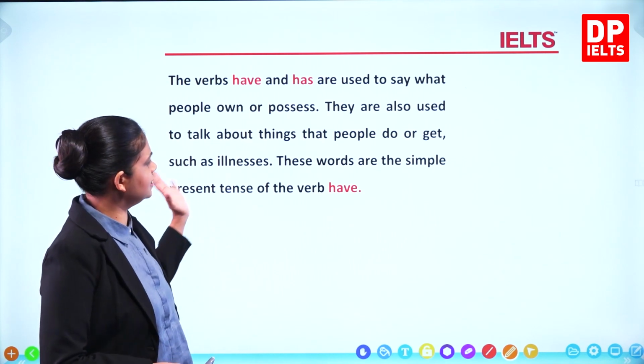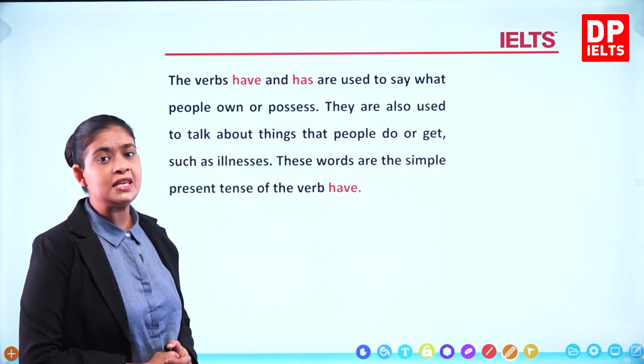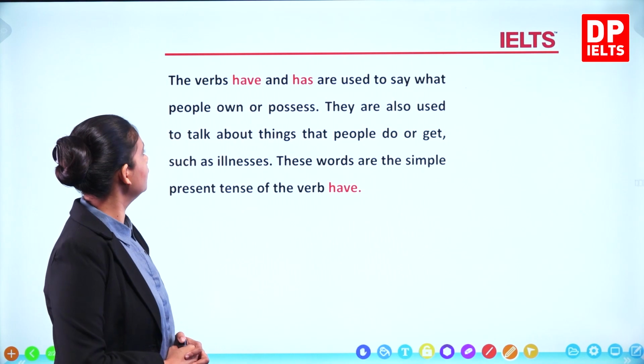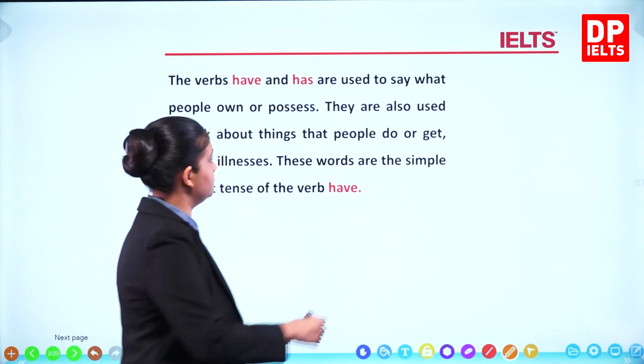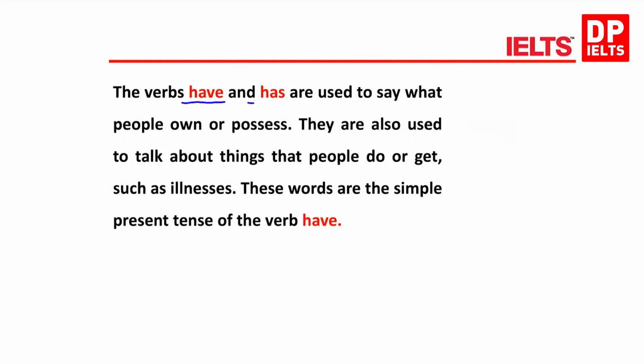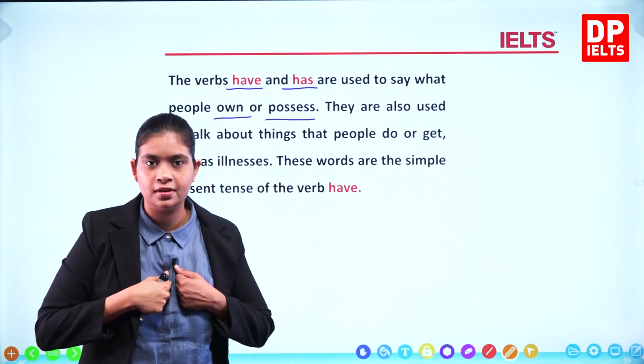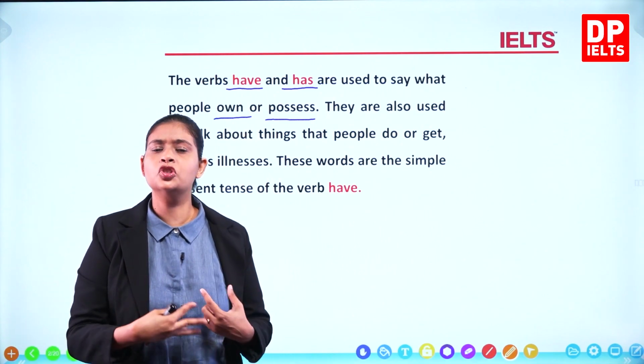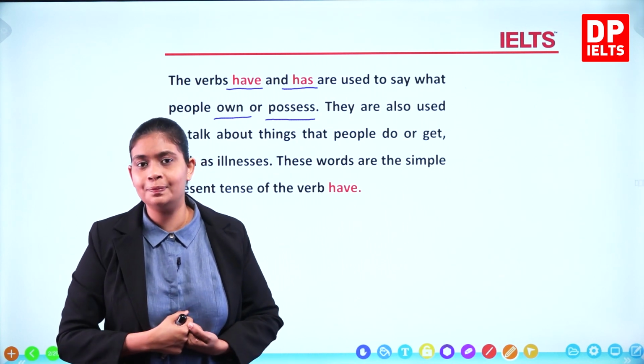Now what does this whole definition mean? The verbs have, let me underline, and has are used to say what people own or possess. Own or possess something which belongs to us completely.